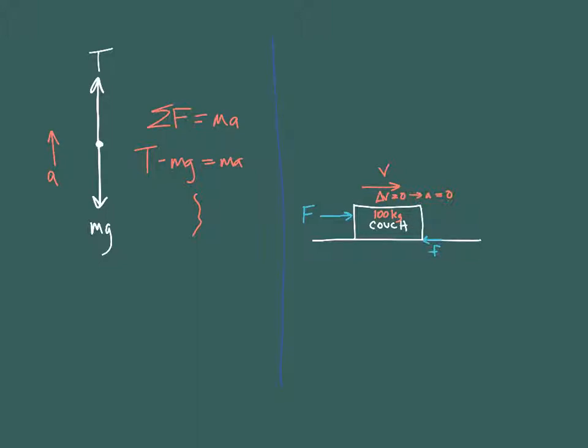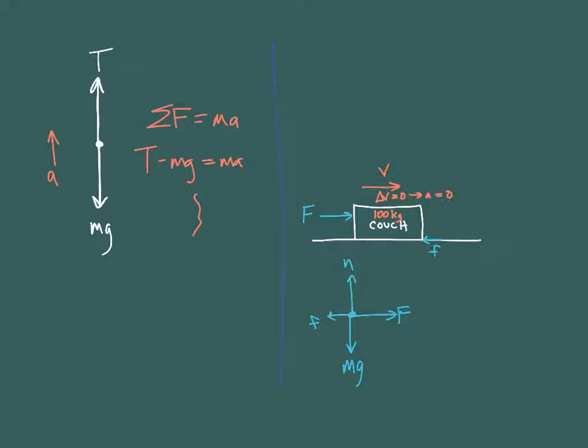So in this force diagram, you have the weight of the couch, the normal force, the big force applied, and the frictional force like that. I've drawn it that way. The normal and the mg are equal and opposite, same length, different directions. But since I know it's moving, I know that the applied force has to be bigger than friction. It would have to be at least equal to it.